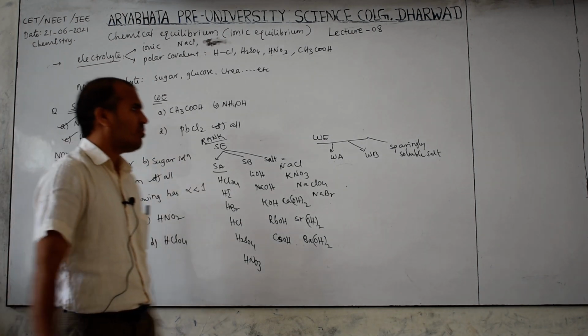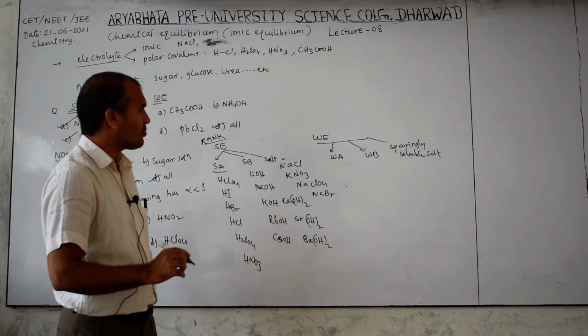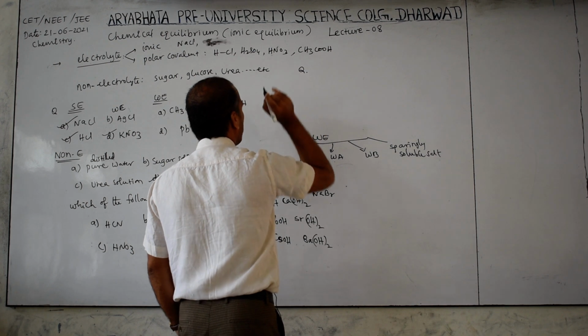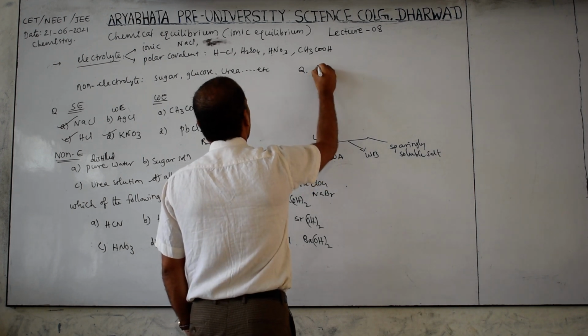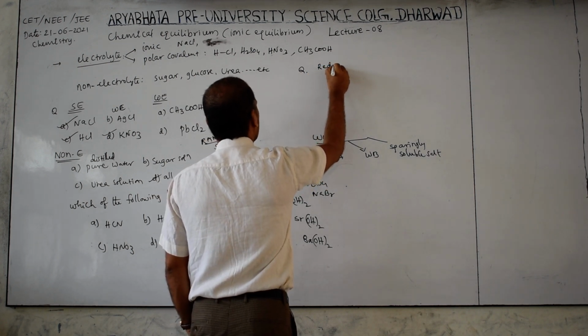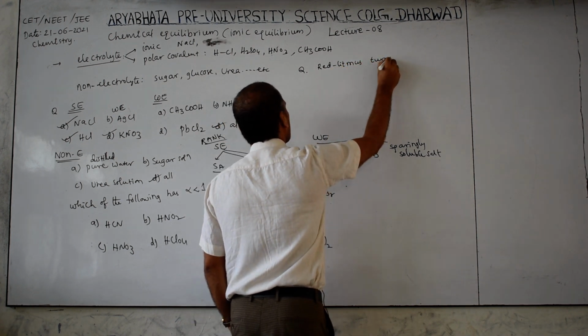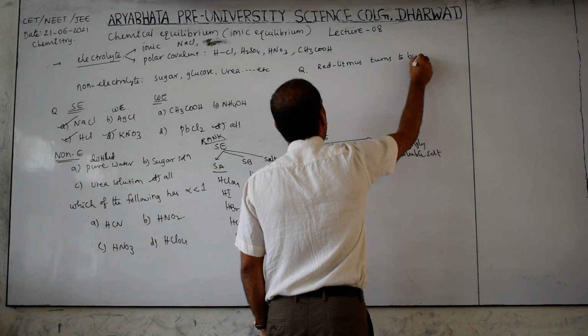So we know that. After that, acid, base, and salt. Now one question here: red litmus turns to blue.